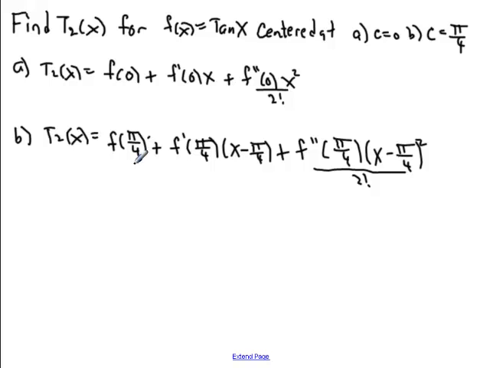So it looks like what we have to do is get f prime and f double prime for each of the answers for a and b. So let's get to it.